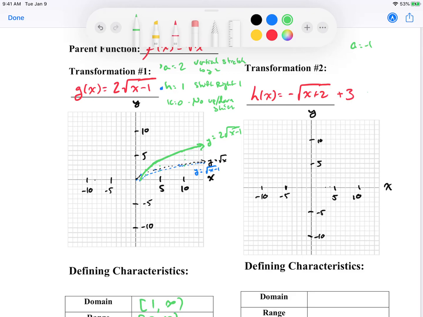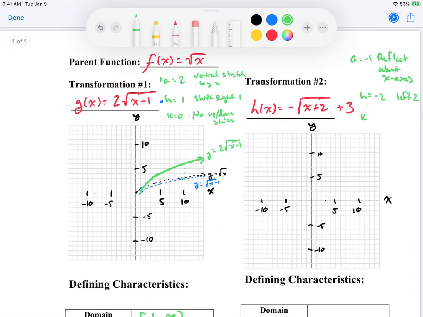The only thing we have is a reflection about the x-axis. Okay? My H is equal to -2. So we go left 2 units. And my K is equal to 3, so we're actually going to go up 3 units.